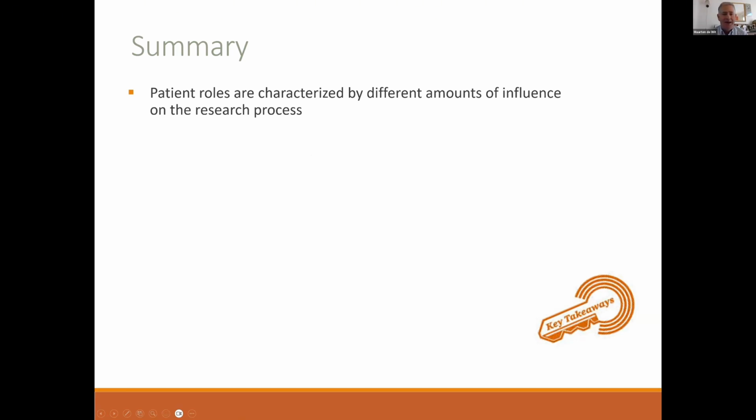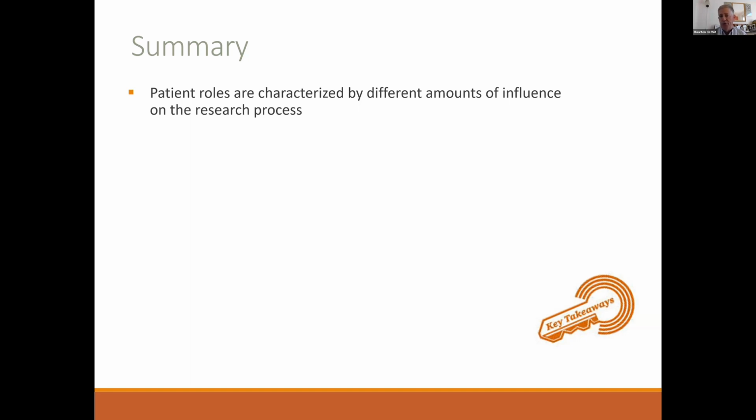I think it's important to realize that there are different roles for patients to play in scientific research. And they all have their own characteristics and different levels of influence. But what it means is also that not only patients should be aware of that and realize that there is a choice for them, so they can choose which role they would like to play in research.